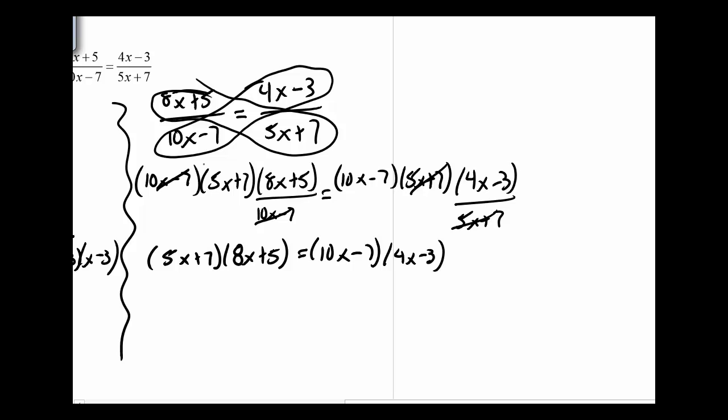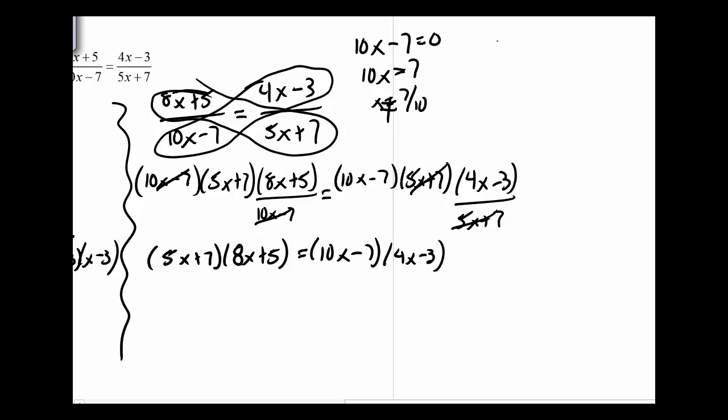So I do need to take a quick moment and acknowledge that I can do what I just did as long as it's a non-zero expression. Looking at 10x minus 7, the only time that would ever equal 0 is if x is 7/10. So x will not equal 7/10.